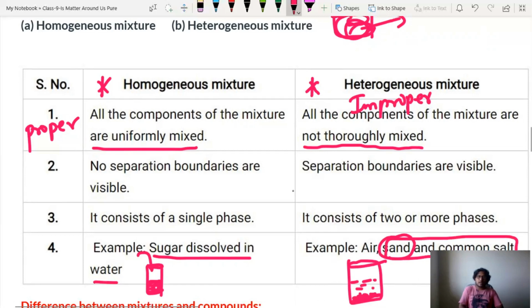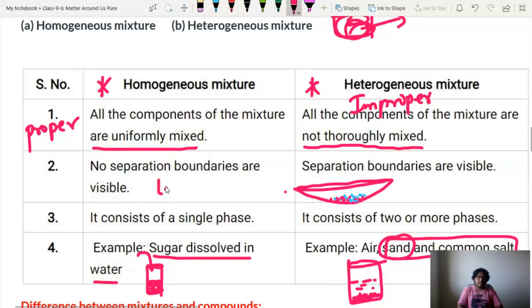Take one china dish or plate, add 1 spoon of salt and 1 spoon of sand. You can find when sand and salt both are mixing together, you can find different colors. White color will be for salt and some brown color will be for sand. So both will be different. Those are heterogeneous mixtures. Number 2, no separation boundary is visible.